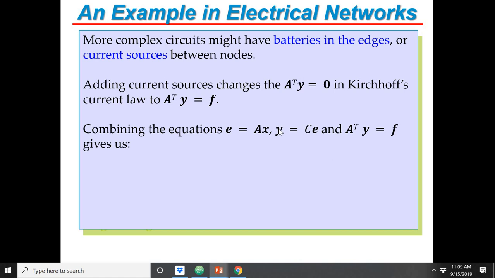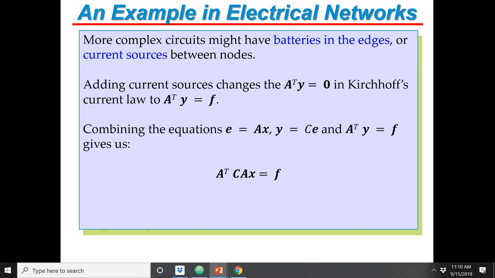So what we will do is take y, plug it in there. So we're going to have A transpose C e, and e is A x. And here is the final answer. We basically see that to be able to identify the potentials in this problem, we need to solve an equation A transpose C A x equals f. This equation is extremely fundamental to linear algebra.